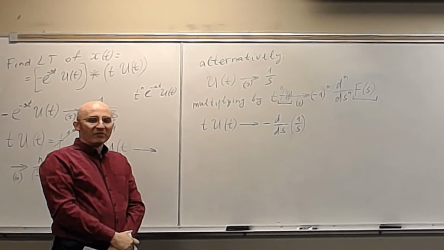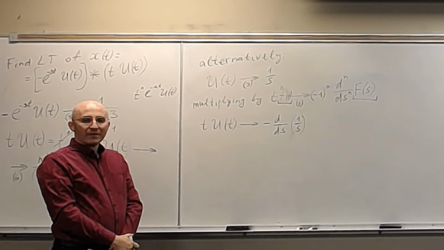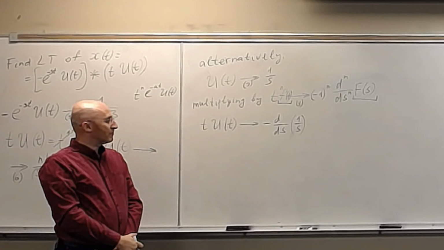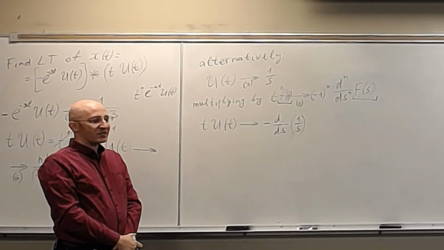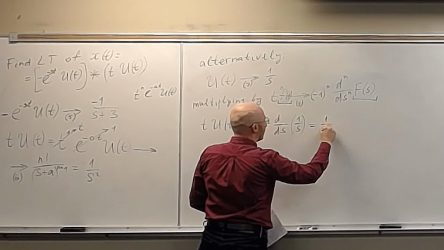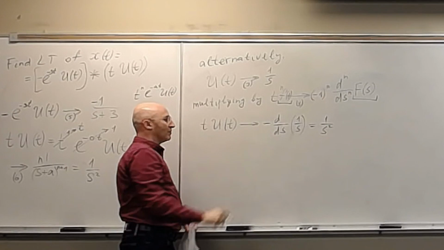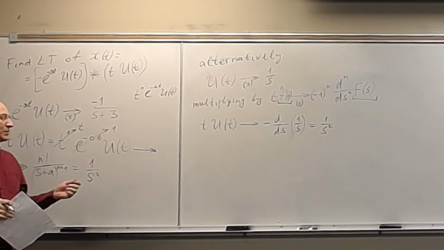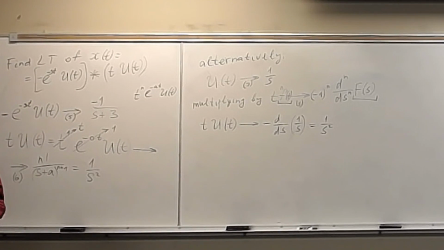So what will be the derivative of 1 over s? Negative 1 over s squared. Yep. Which becomes positive because of the minus. So we get, of course, the same thing. Obviously, if you get something else, you made mistakes, because both ways should give you the same result.